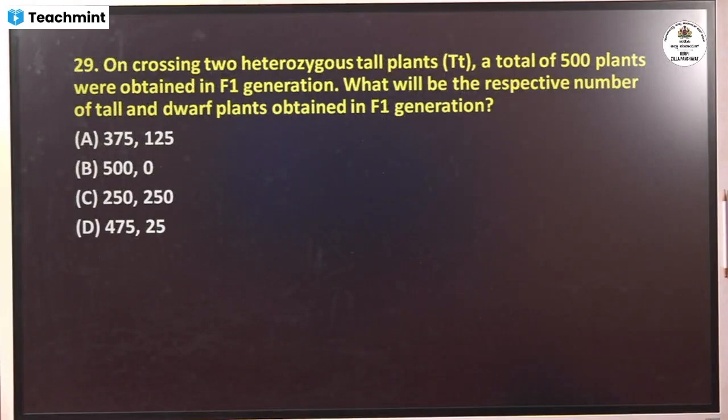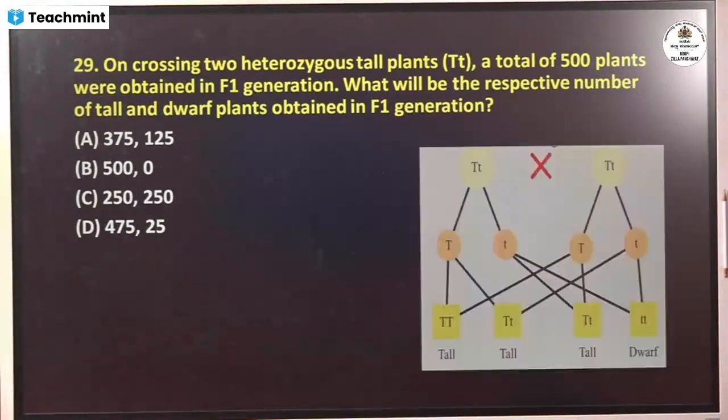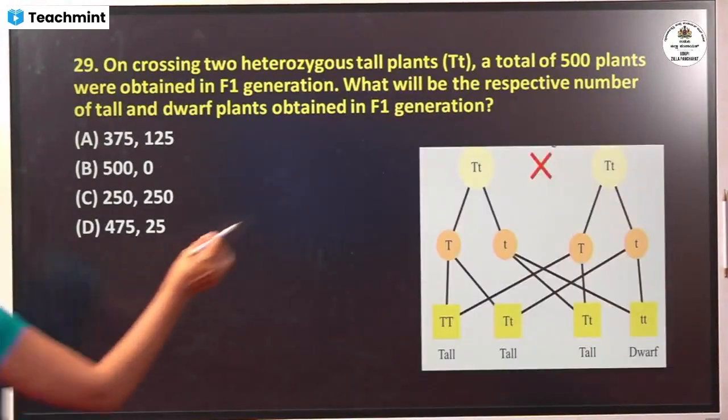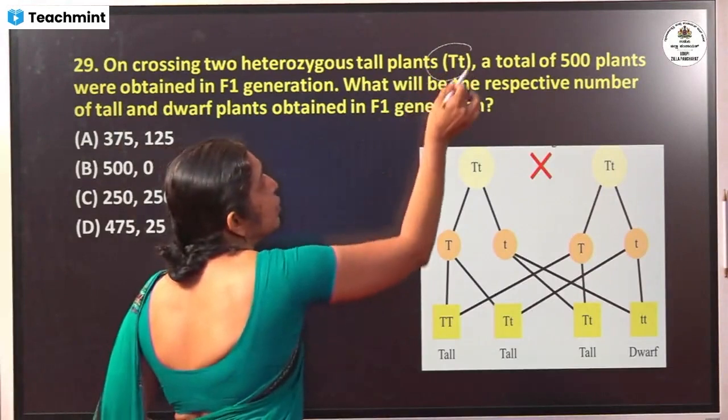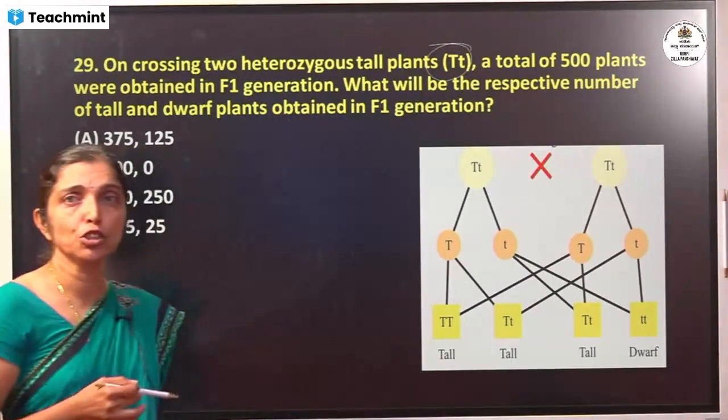On crossing two heterozygous tall plants, Tt, a total of 500 plants were obtained in the F1 generation. What will be the respective number of tall and dwarf plants obtained in the F1 generation? Here it has been given as a heterozygous plant, capital T, small t.